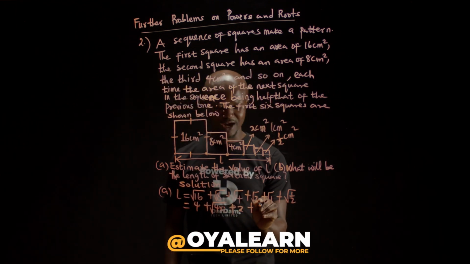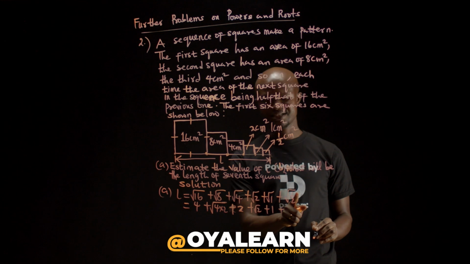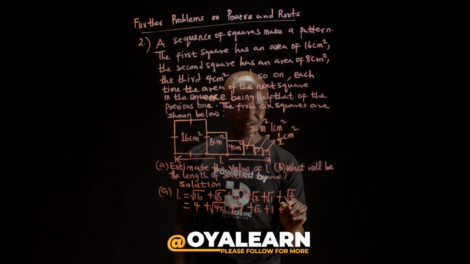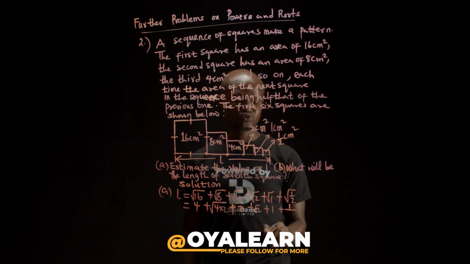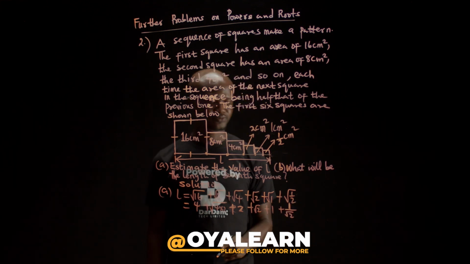Then, we have root 2 here. And here we have 1, which is square root of 1. And square root of 2 is root 2.